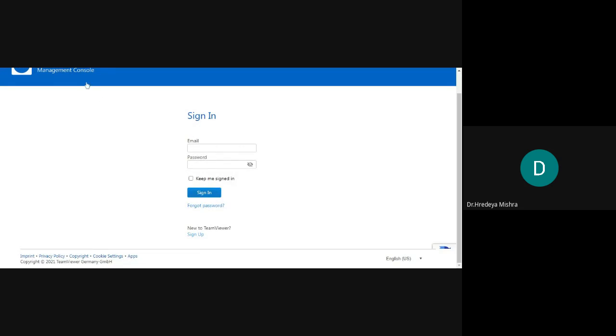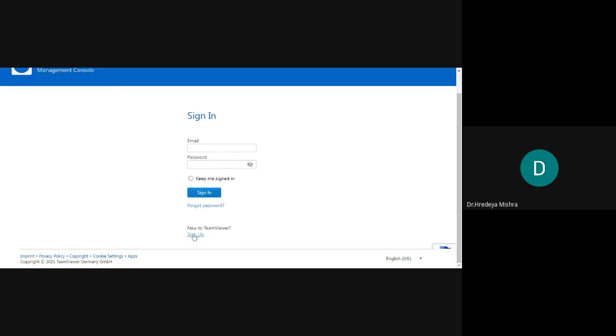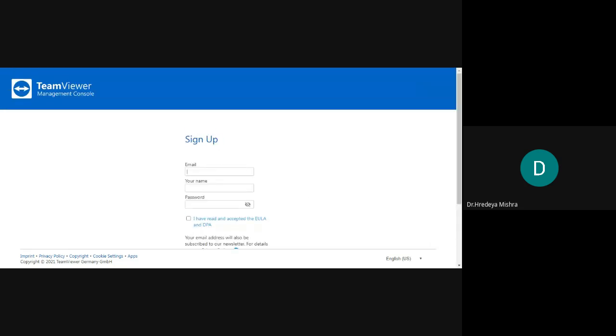So this is the TeamViewer console, and we have to log in here. Before login, we need to sign up here. So you can sign up like this. Enter your email address, and now here your name.